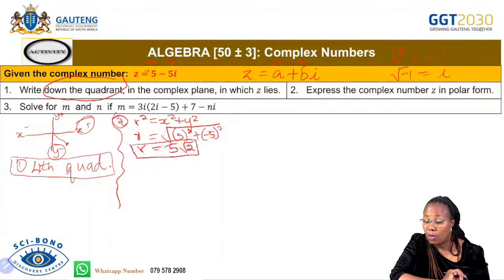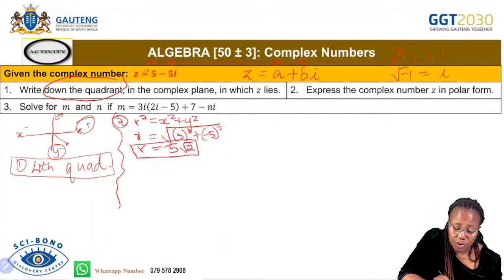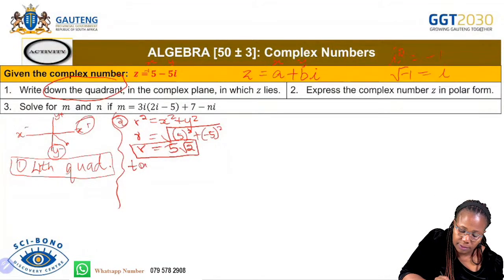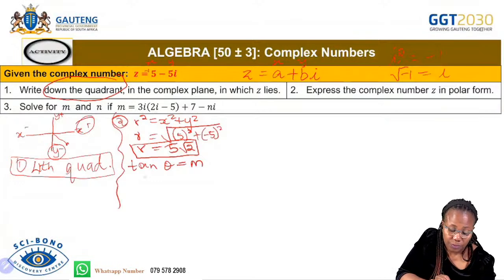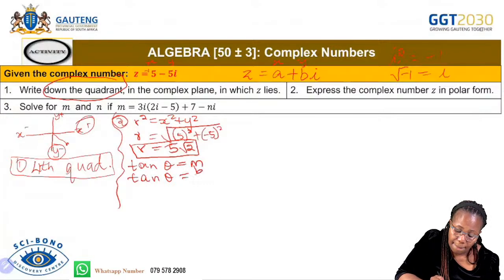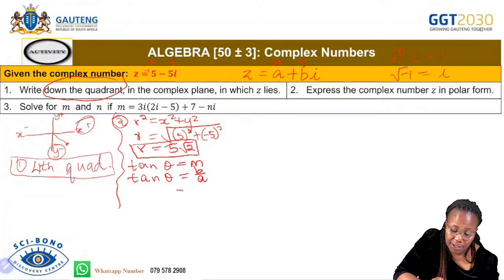Okay, and then now we look at the angle value, and we are going to use tan theta, the angle of inclination, tan theta equal to m. The tangent of theta in this case will be equal to b over a. And then what is b over a? B is minus 5 over 5. That means that is tan theta equals -1.